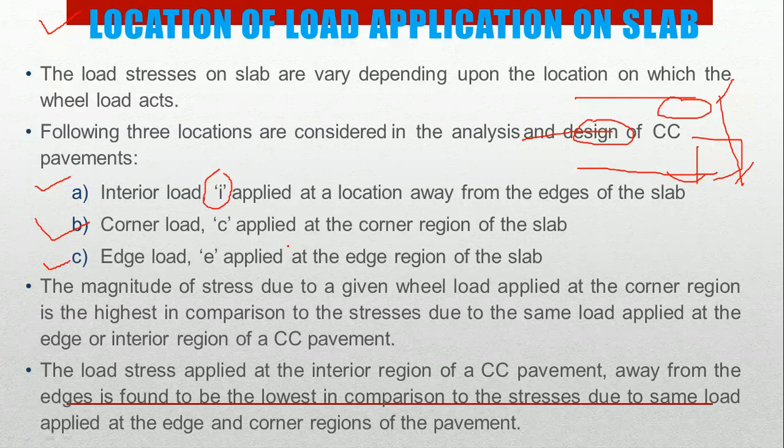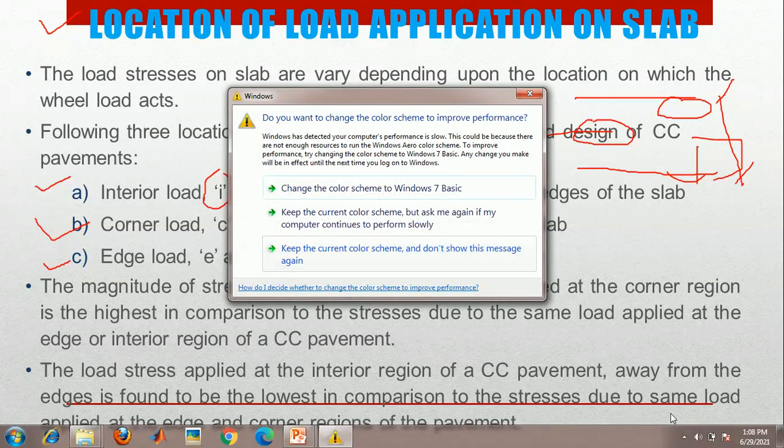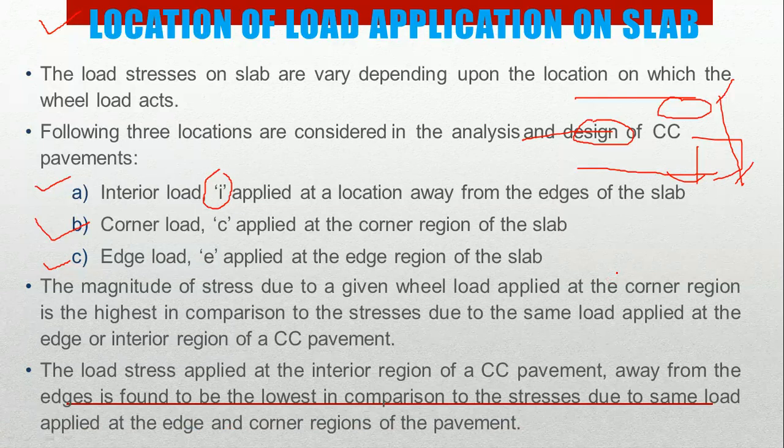While solving problems we will come across where the load is acting, that is stresses at the edge, stresses at the corner, stresses at the interior. We have different formulas, and based on that we need to decide where the load is actually acting.